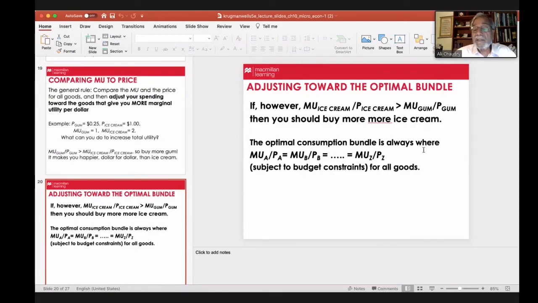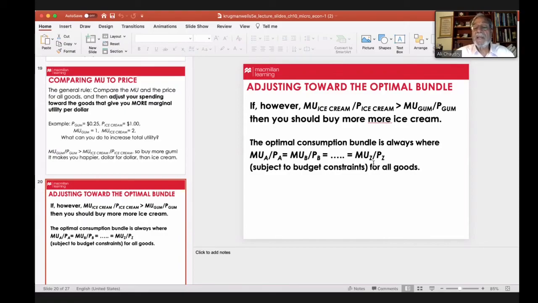The optimal consumption bundle is always where the marginal utility of item A divided by the price of item A equals the marginal utility of B divided by the price of B, equals the marginal utility of the last item Z that I may consume divided by its price.